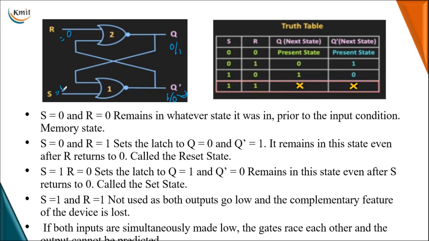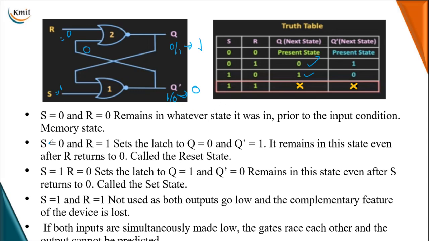Since one of the inputs on your NOR gate is 1, the output becomes logical 0, the complemented state. If that is applied on this gate, so if all inputs are 0, the output of the NOR gate becomes logic 1. So here 1, 0 sets your flip-flop and 0, 1 resets your latch.